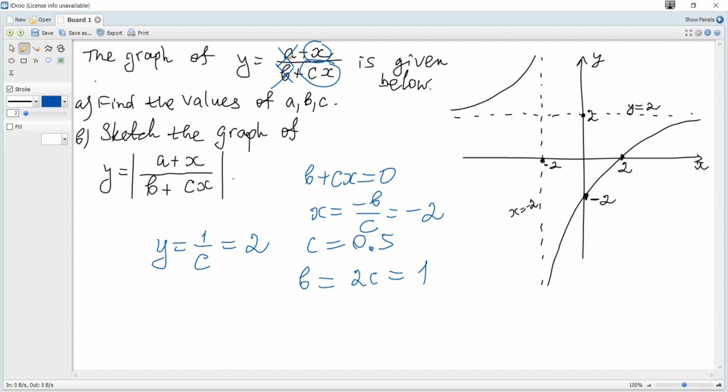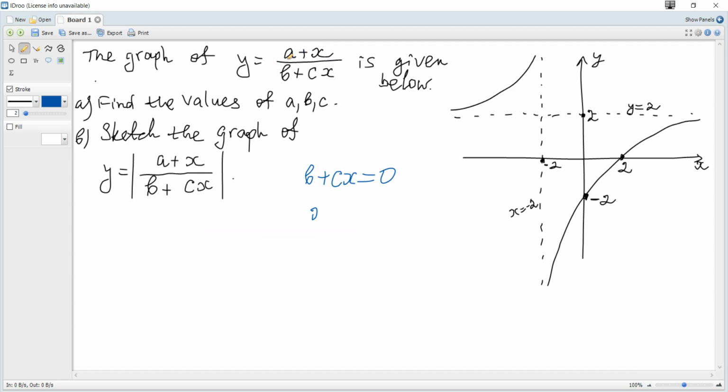And how to find a? So c is 0.5, b is 1. Also, as for any function, if you know any point on the graph, it means that the coordinates of the point should satisfy the given function, and actually there are two possible points, the x-intercept and the y-intercept.